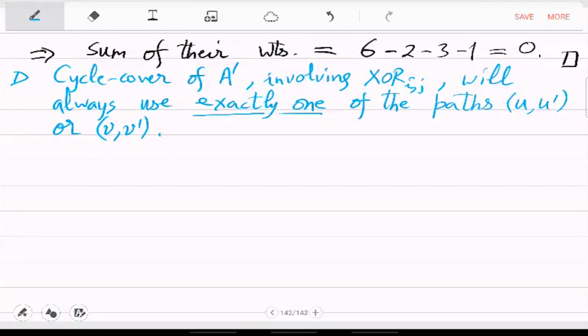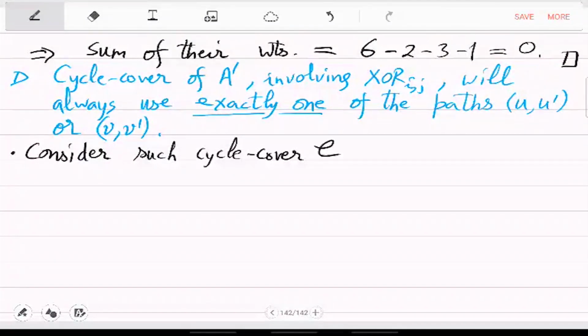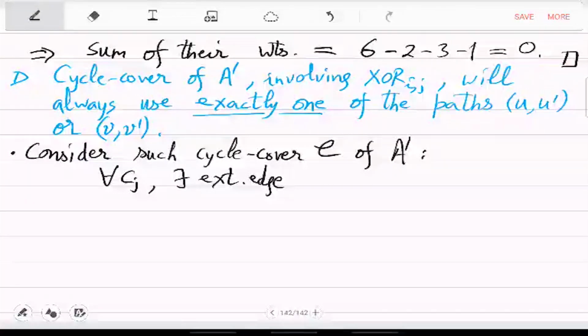So consider such a cycle cover C of A prime. So for all Cj, there exists an external edge, say xi edge.